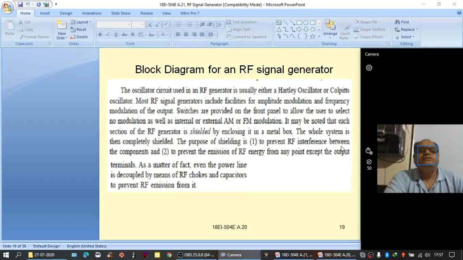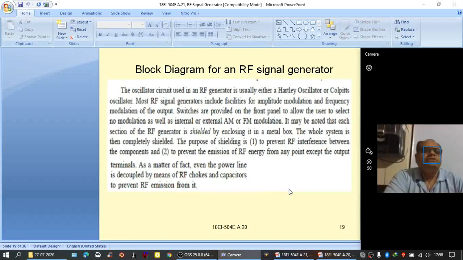So there should not be any radio frequency interference between components. This is very important because at high frequencies, what happens? Stray capacitances and stray inductances play a major role. They will disturb the signal transmission, and they will disturb the signal generation.